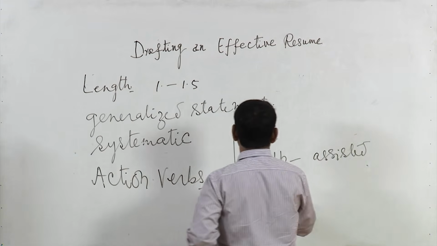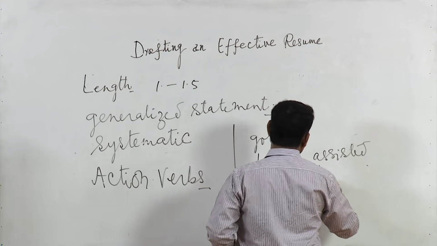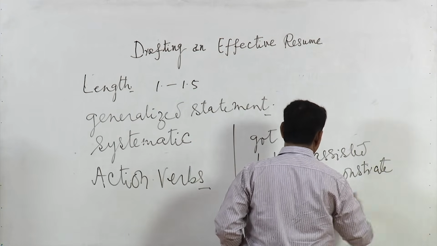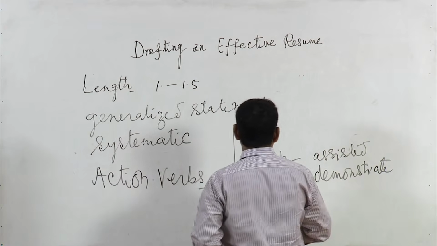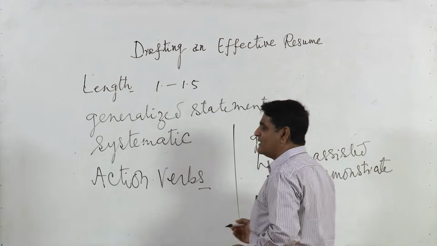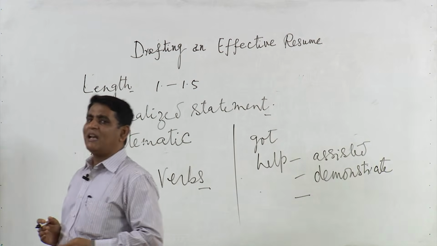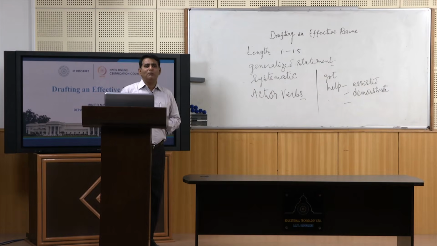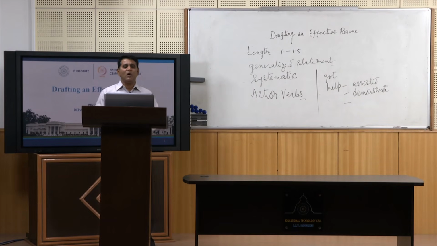Somebody says justifies, it is better to say demonstrate. These are some of the words. Somebody can also say supervised, somebody can say coordinated. These are action phrases or action words that actually matter a lot when you are drafting a resume.